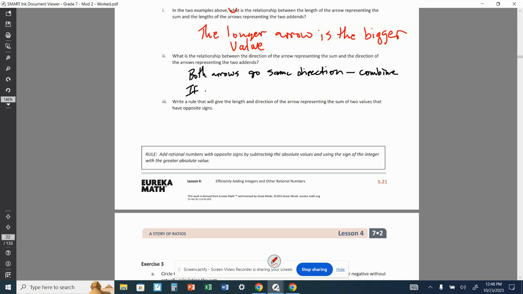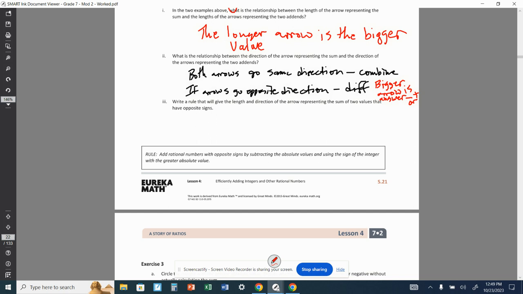If arrows go opposite direction, find the difference. And we know that the bigger arrow is the answer as far as whether it's negative or positive.